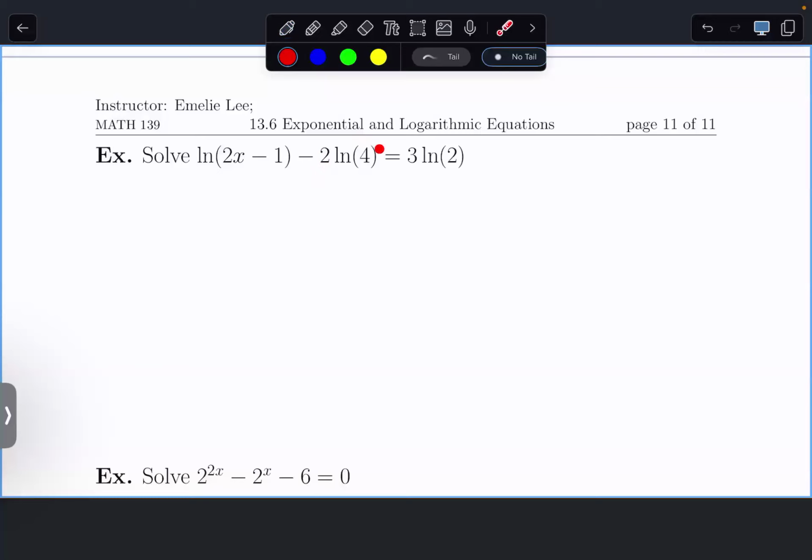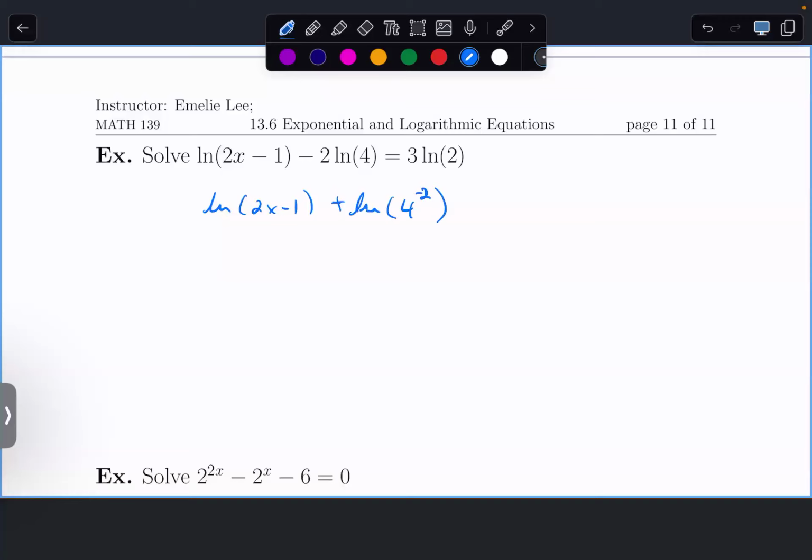I'm going to bring these coefficients inside, try to tidy up these logs. So I get the natural log of 2x minus 1. I'm going to go for plus. How can I get a plus out of that? Plus the natural log of 4 to the -2.